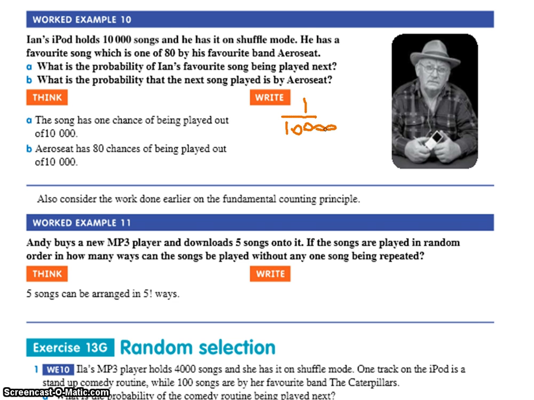Now, we should probably do our proper notation. So I've just put P of fave, so it's his favourite song. Right, let's do how we're doing probability. Next one.